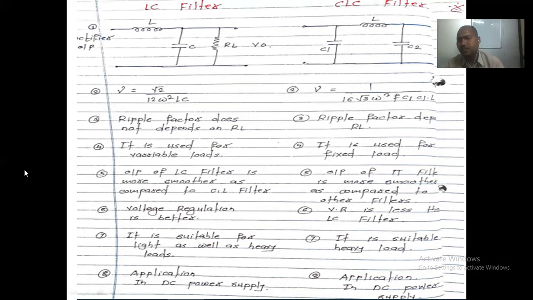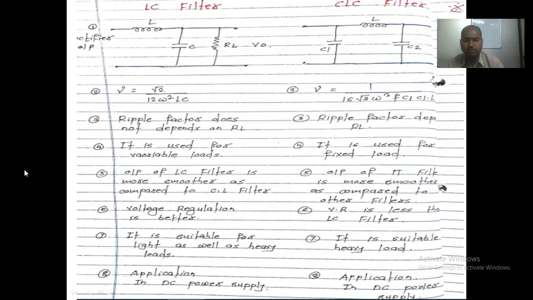So which configuration should we prefer? There are many types of configuration, and the components used and the cost should be considered for the design. Accordingly we select the particular type of configuration.